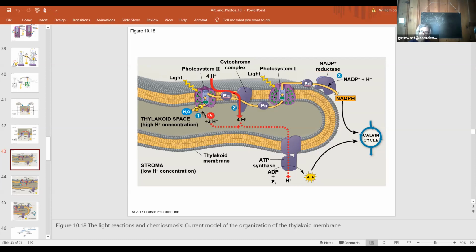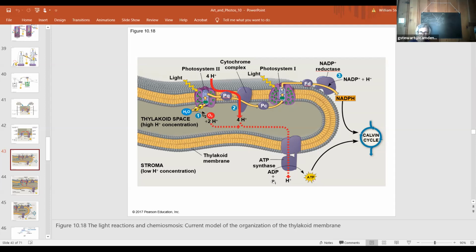And notice that the electrons from the chlorophylls of photosystem 2 are going to get excited and passed. They're going to end up at photosystem 1. At the same time that photosystem 2 is getting stimulated by light, so is photosystem 1 getting stimulated by light energy.